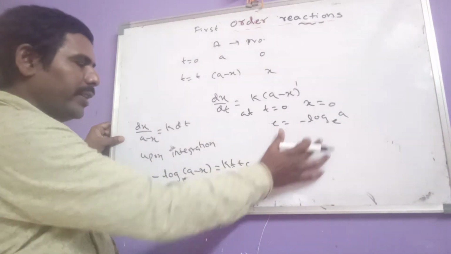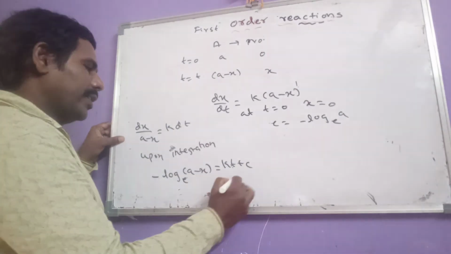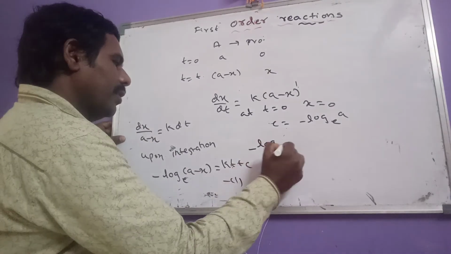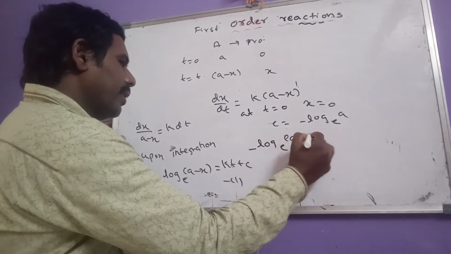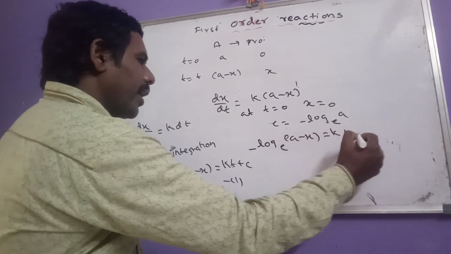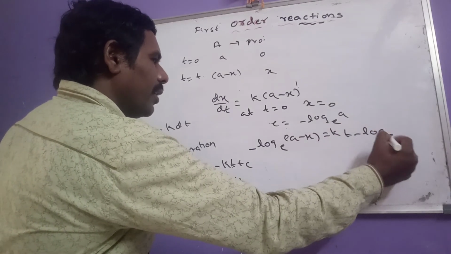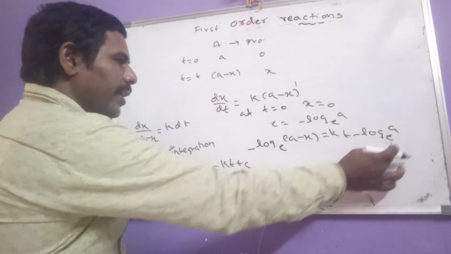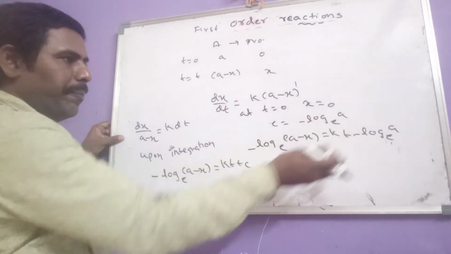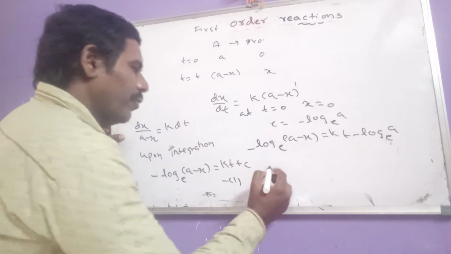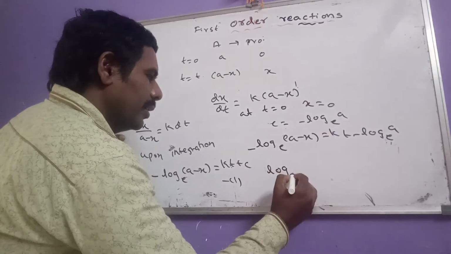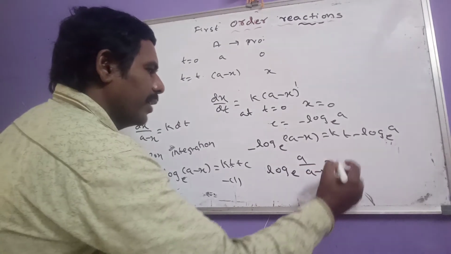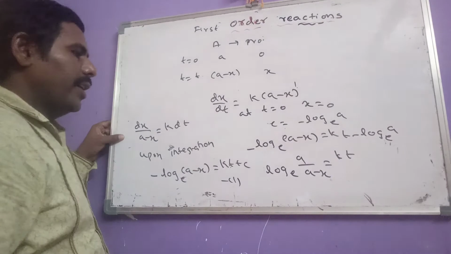By substituting this c value in the first equation, we get minus log base e (a minus x) equals kt minus log base e a. Bringing minus log base e a to the left side, we get log base e a/(a minus x) equals kt.